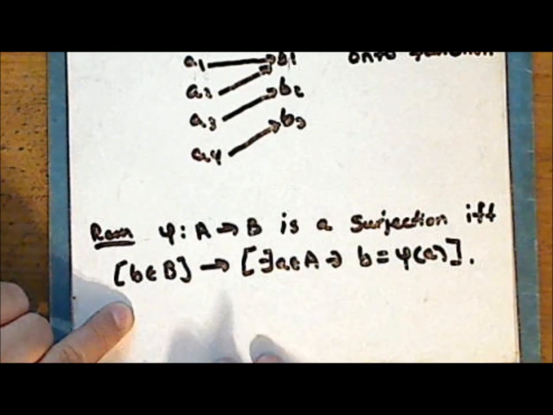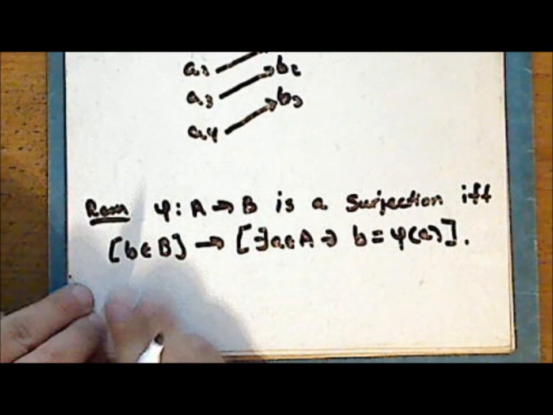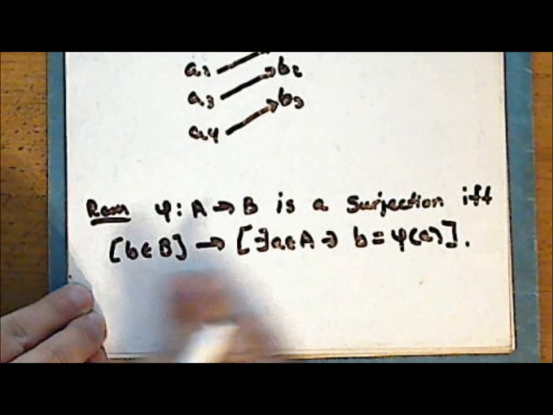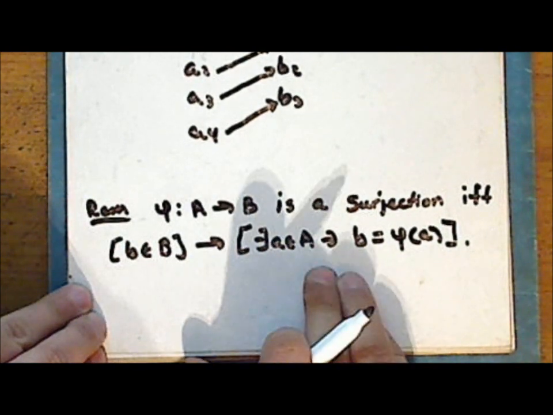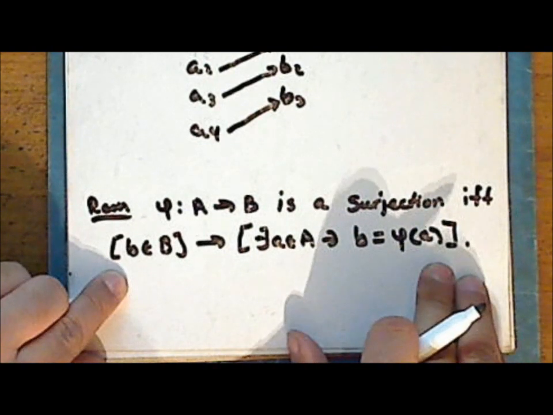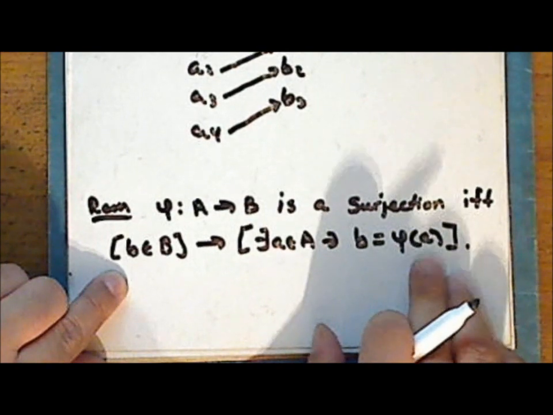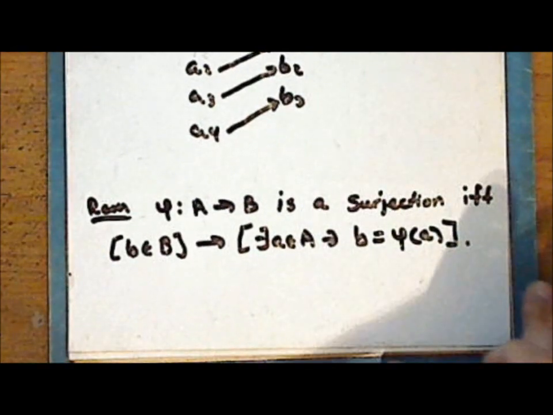And this is how we prove that a function is a surjection. We show that for every element in the codomain, there exists an element in the domain such that that element in the codomain is mapped onto by the element a under the map phi.